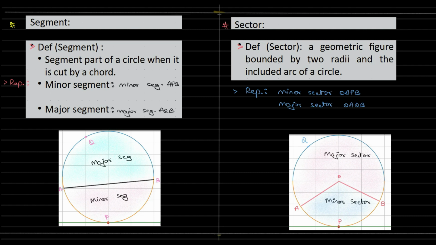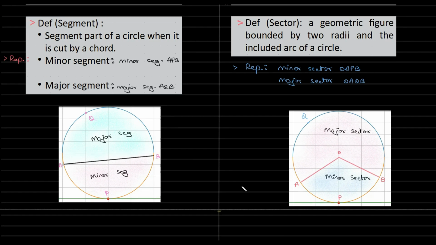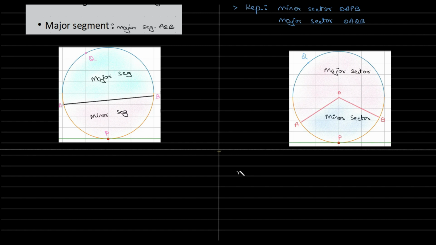Just see to that you guys remember all of this. And yes, I don't want you guys to miss anything. One small thing about how to remember sectors. See, sector has the word cake in it, that is C in it. This is our cake shape, is it not? This is how you cut a cake generally.